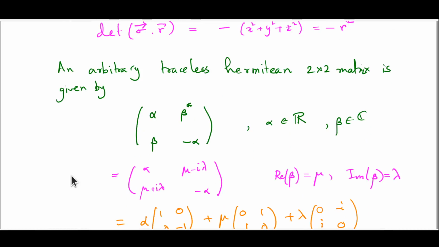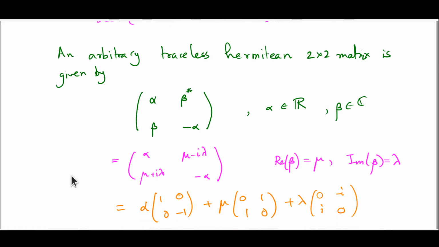Now, if you just write down beta in terms of its two real and imaginary parts, mu and lambda, I get this particular form of the matrix, (alpha, mu minus i lambda; mu plus i lambda, minus alpha). And this, as you can all see, is simply alpha times sigma 3 plus mu times sigma 1 plus lambda times sigma 2.